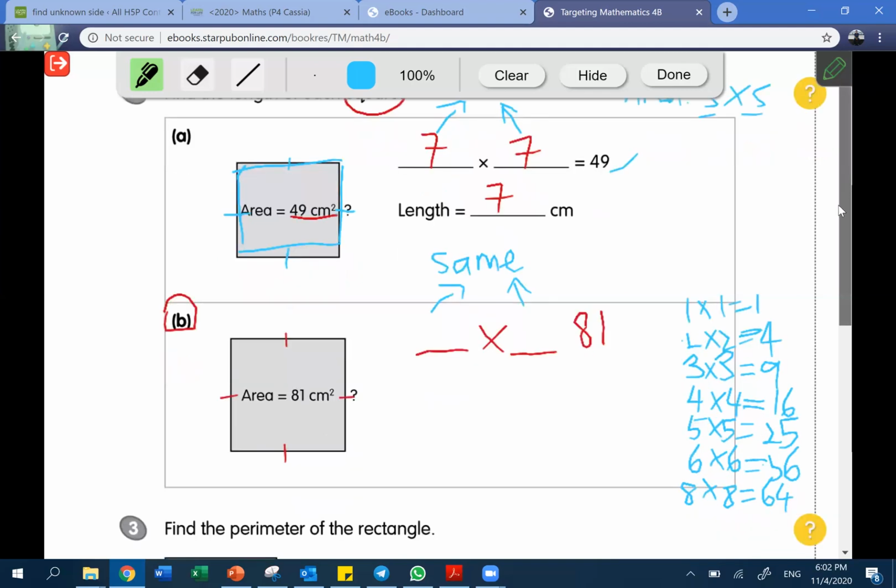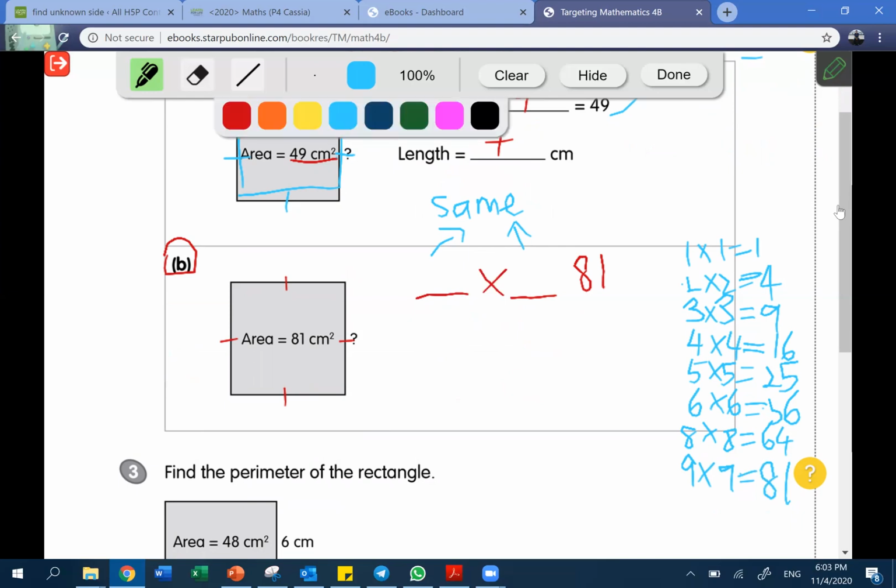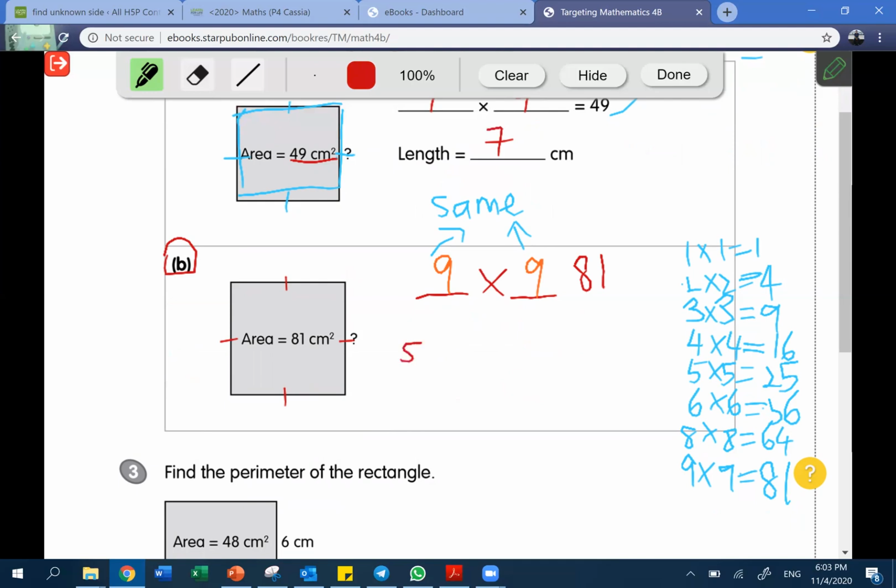After 8 we have 9 times 9, which equals 81. So our answer is 9. 9 times 9 equals to 81. So the length, or you can say the side of this square, equals 9 cm.